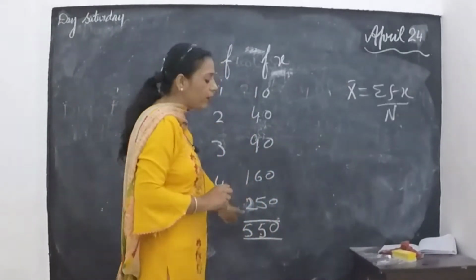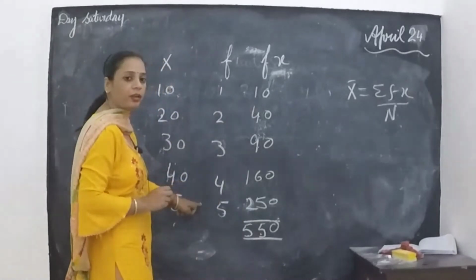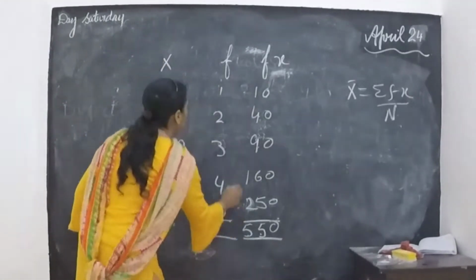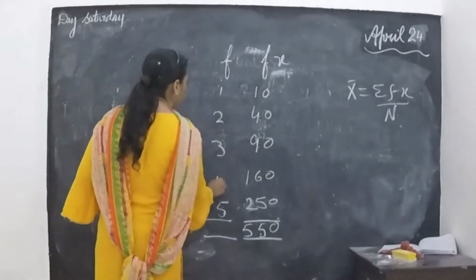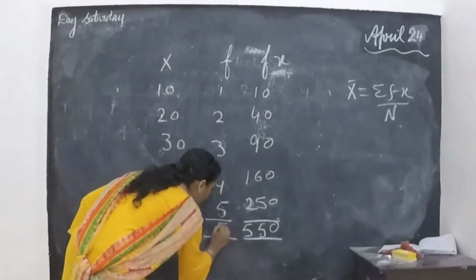The total of this series is 550. Now add up the frequencies: 1 plus 2 is 3, 3 plus 3 is 6, 6 plus 4 is 10, 10 plus 5 is 15.